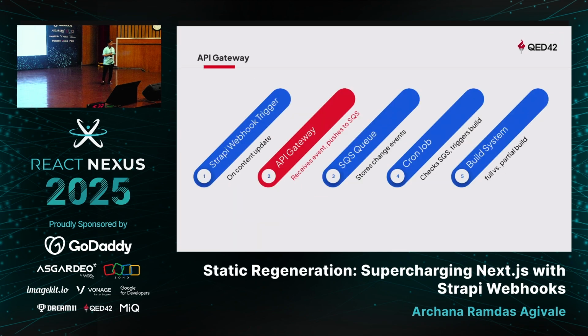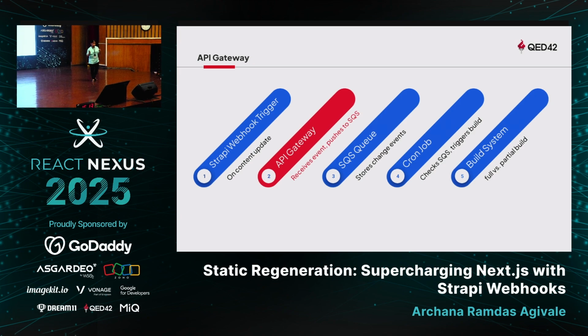So our next step is the API gateway. API gateway is the entry point of our custom architecture. There we'll get what content is getting changed. The webhook will call our API.